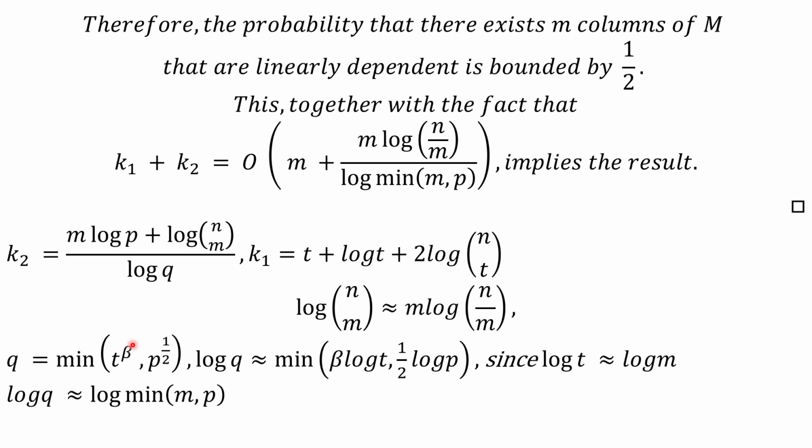This is the definition of q. So log q is approximately equal to the minimum of these two right here: log 2 to the power of beta and log 2 p to the power of half. We get this result. Since log t is almost log m, we get that this result is true.